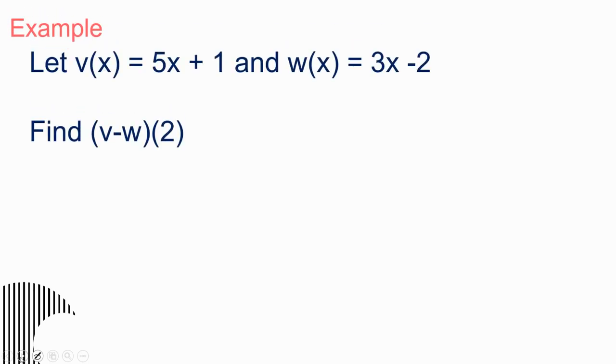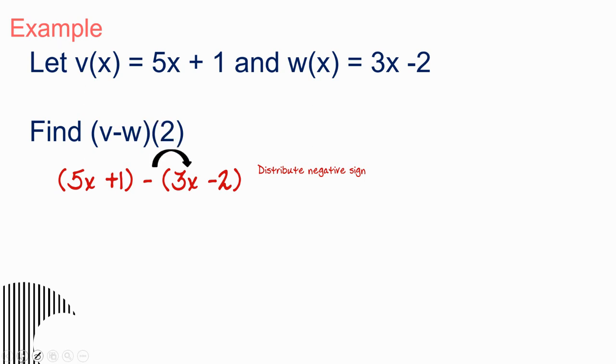Let v of x, this is the same example that we had earlier, but now we're going to subtract v minus w. So we've got v of x of 5x plus 1 minus our 3x minus 2. Again, this is why I put these in parentheses, because we need to distribute the negative sign to both this 3x and to the negative 2.